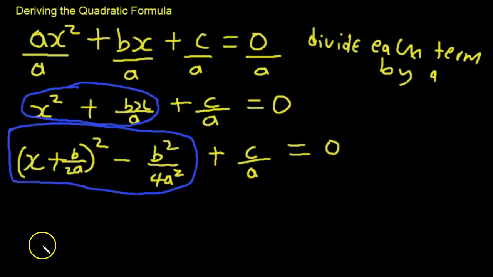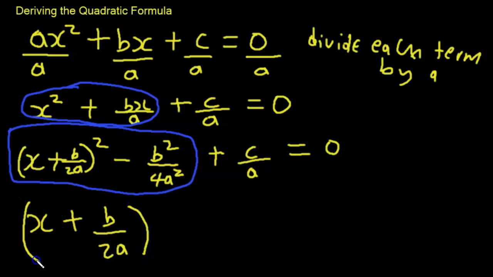So now we need x plus b over 2a all squared by itself. I will group everything else.